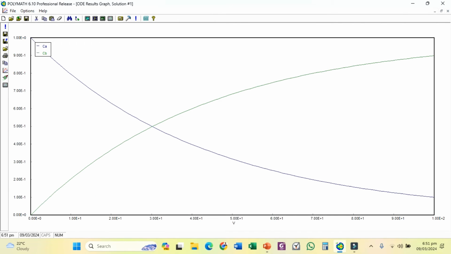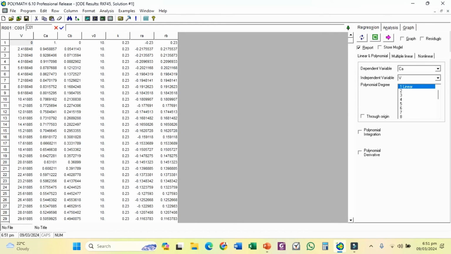Now if you go to this graph, you can see that this blue line represents the A species, while this green line represents the B species. Concentration of species A is decreasing, concentration of species B is increasing along the volume. And accordingly, you can see the change in volume, the decrease in concentration of A, the increase in concentration of B. V naught and K are constant in the system.